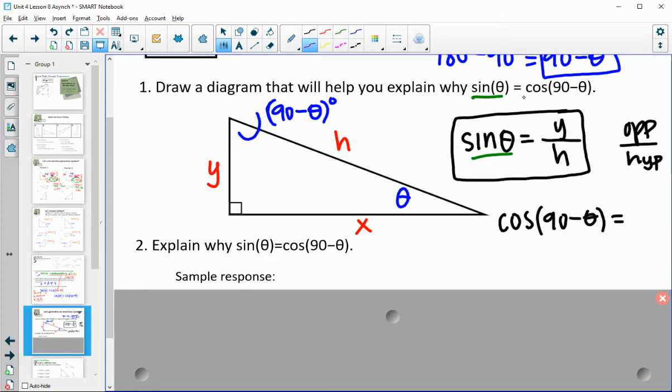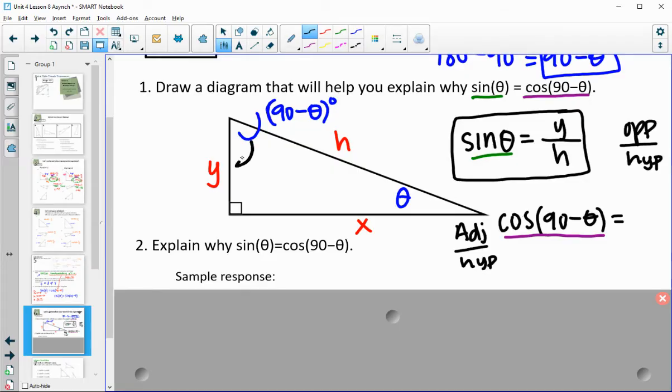Now let's take a look at the cosine of 90 minus theta. So remember, cosine is adjacent divided by hypotenuse. So the adjacent side to theta is the X, or sorry, to theta. I want to do theta, 90 minus theta. My fault. Okay, so 90 minus theta, here's our angle.